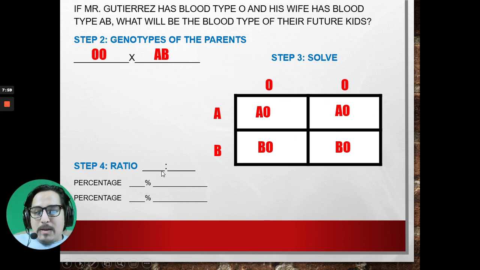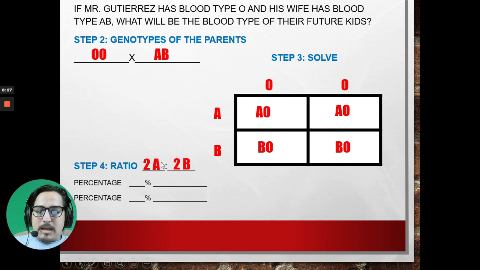So let's talk about how many of each we have. So the ratio. How many do we have that are type A? If you check in here. Now remember, O is recessive. So this AO equals A. AO equals A. BO equals B. And then BO equals B. So the answer is 2 A's and 2 B's.